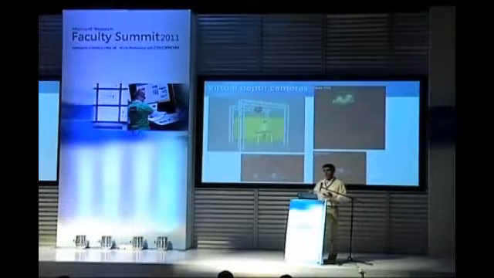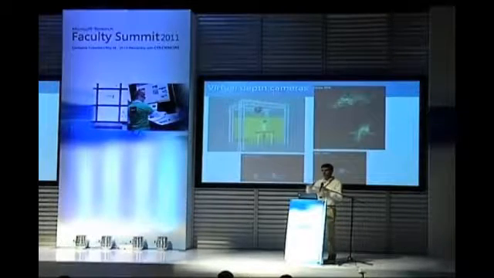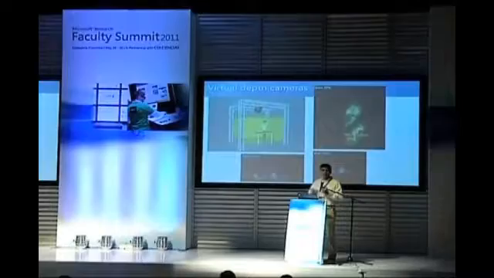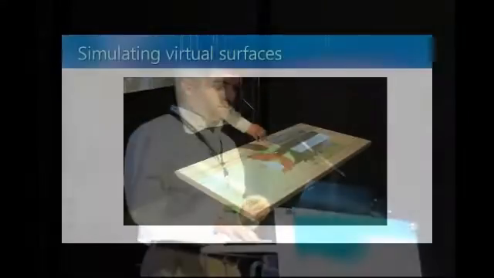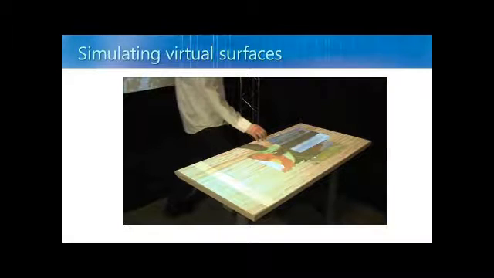Then you can start doing standard 2D processing, connected components and tracking in 2D, which is relatively trivial these days, to reason about the 3D space, because all you need to do is position some of these projections accordingly. So this really allows you to do something like this. You're literally simulating having a virtual surface directly on the table.